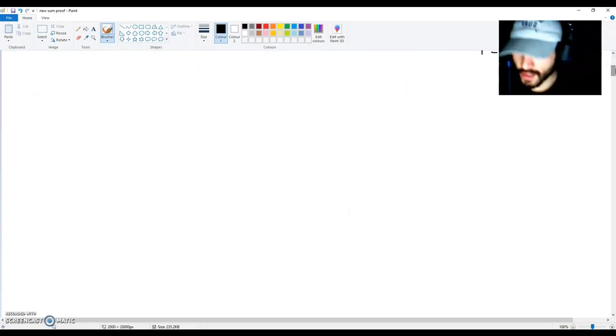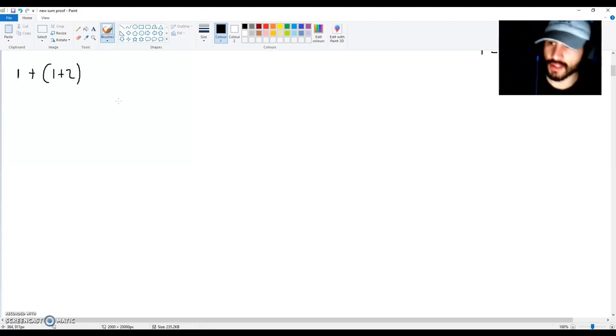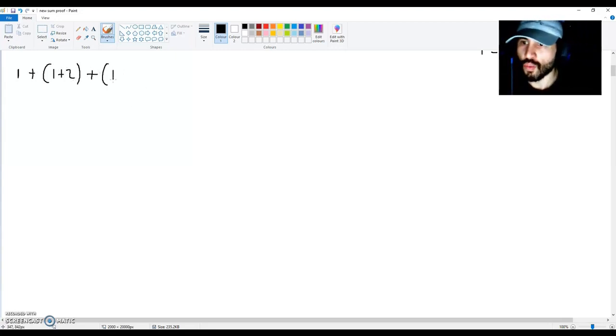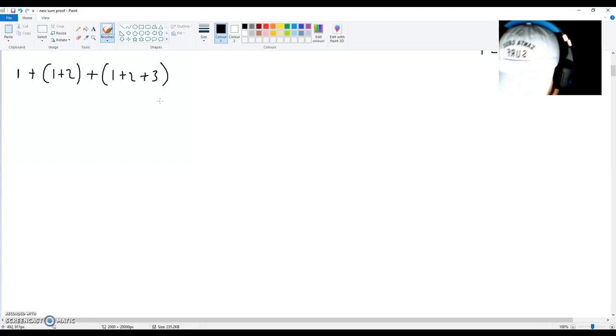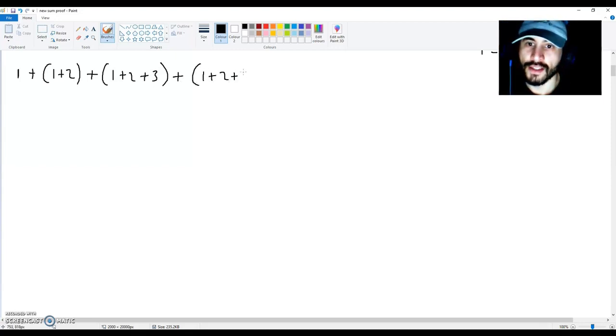So what we are going to have is 1, which is equal to 1, plus 1 plus 2 in brackets, which is equal to 3, plus 1 plus 2 plus 3 in brackets, which is equal to 6, plus 1 plus 2 plus 3 plus 4 in brackets, which is equal to 10.